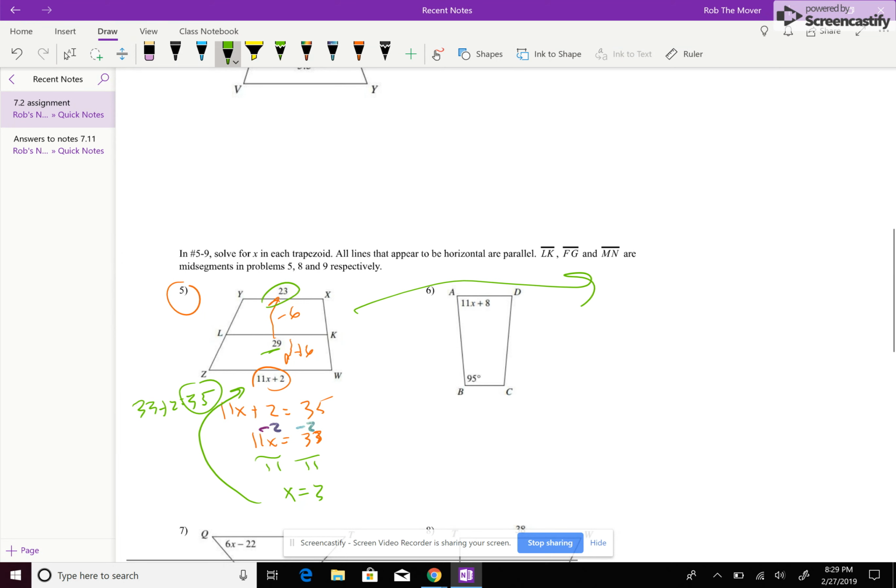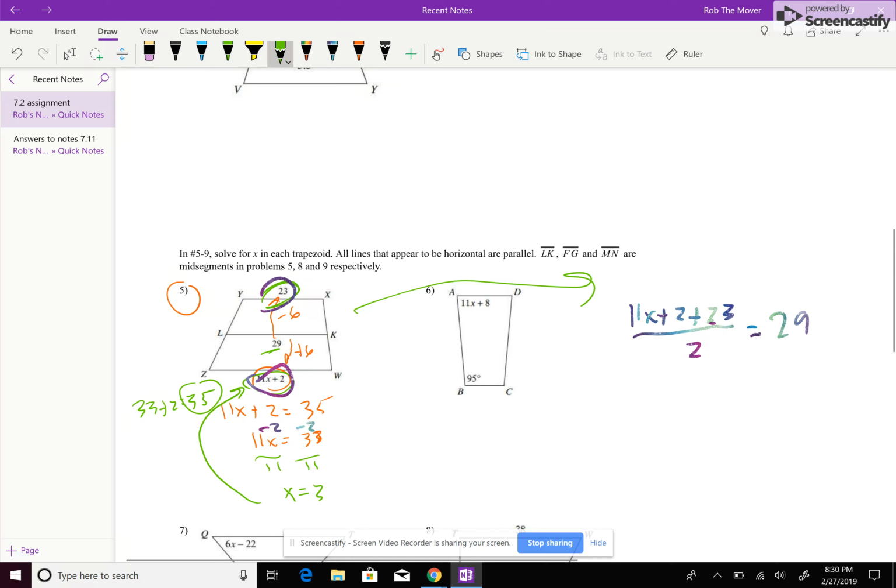But still, you could do number 5 a little bit more algebraically by adding the bases, 11x plus 2 plus 23. And you know the average of the bases, right? So if you add the two bases and divide by 2, you get the mid segment, which is 29. Okay. So how would you solve that equation?